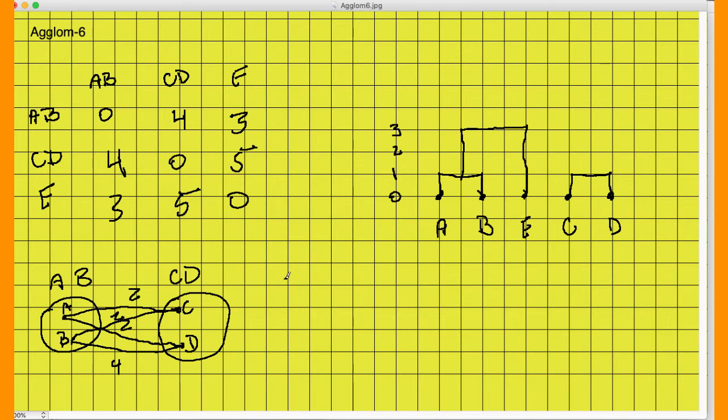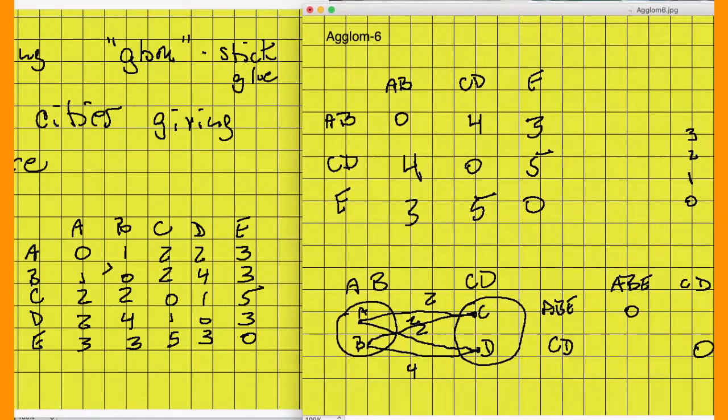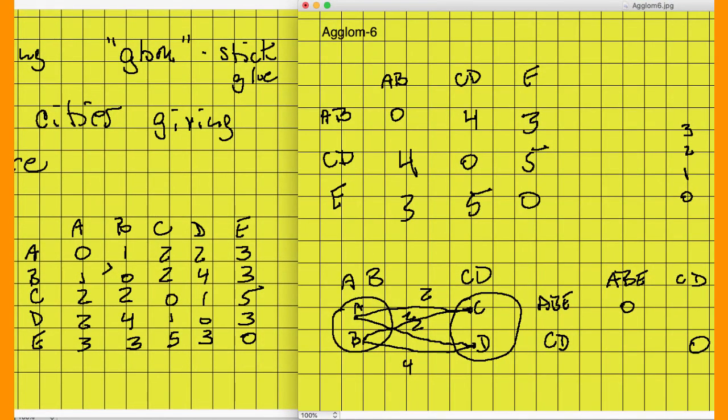And now, if you want, I would come over here and draw ABE and CD, and over here ABE and CD. And of course, there are zeros on the diagonal. And the question is how far is it from ABE to CD?